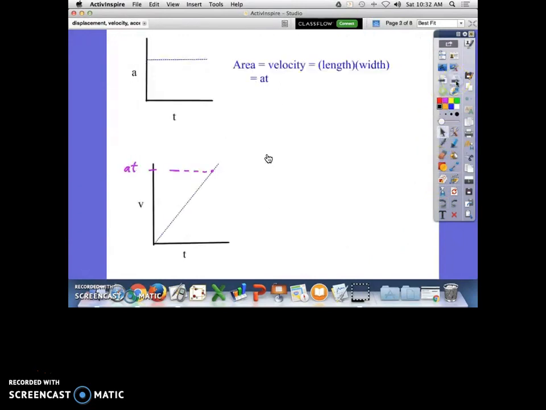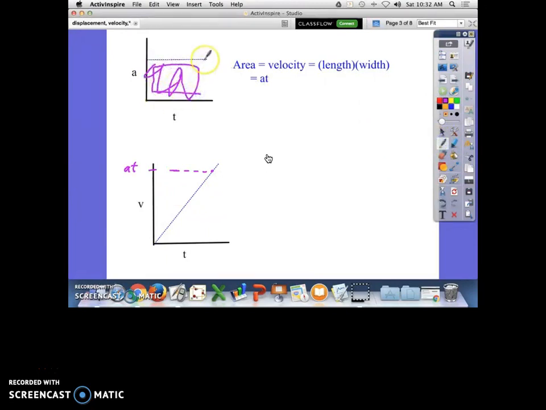Well, that may seem a bit technical, so let me give it to you in a little more layman's terms. If you want to get the velocity, what you can do is just find the area under the AT curve.